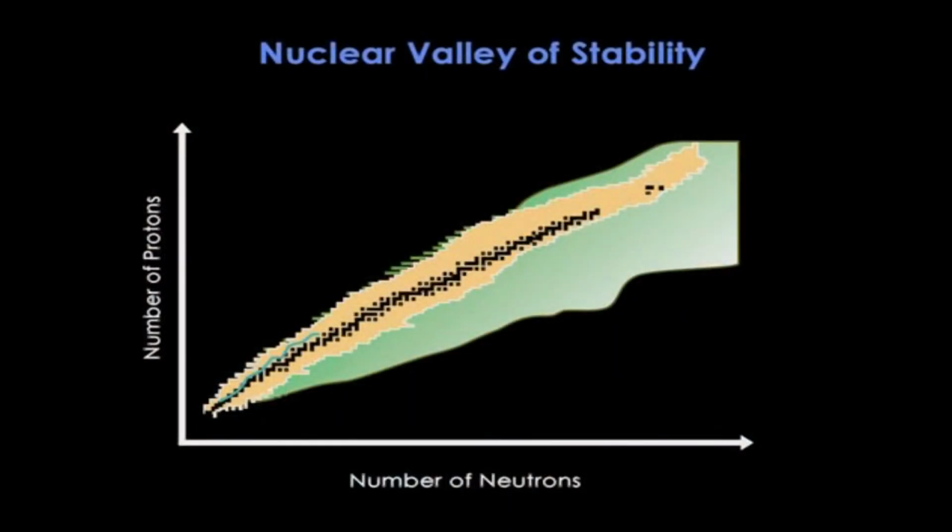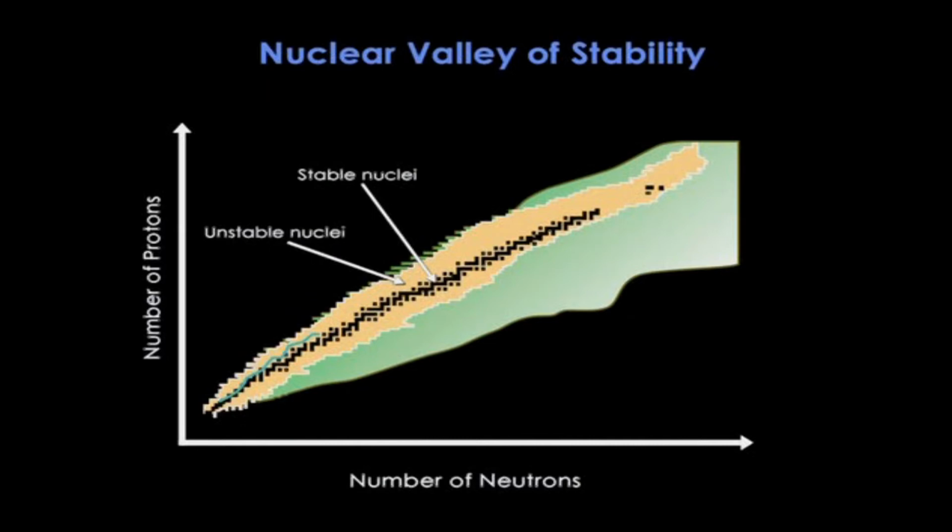So now let's step back and look at our entire neutron-proton diagram, from hydrogen all the way up to and beyond uranium. In black, you can see all the stable nuclei. They curve over to the right because, remember, stable nuclei tend to have more neutrons than protons. Now, either side of the stable black nuclei are unstable nuclei.